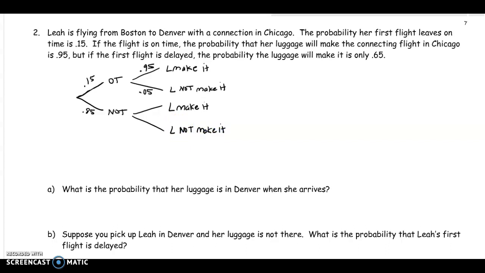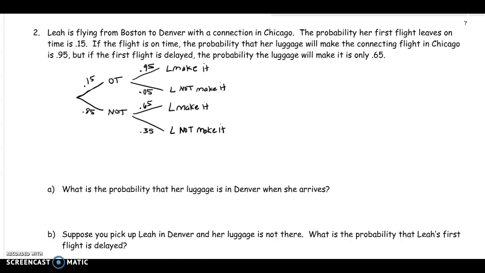And if her flight's not on time, there's about a 65% chance her luggage is not going to make it home with her. But 1 minus 0.65 makes 0.35 that our luggage will make it.